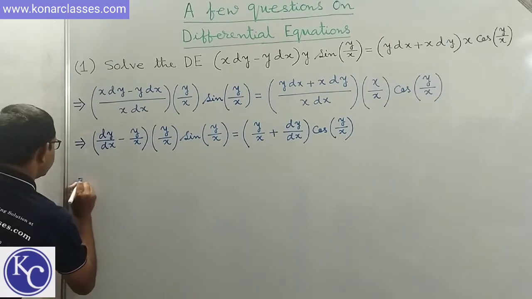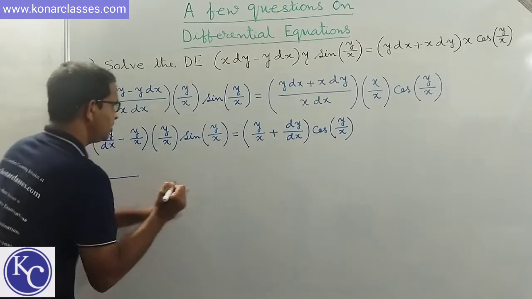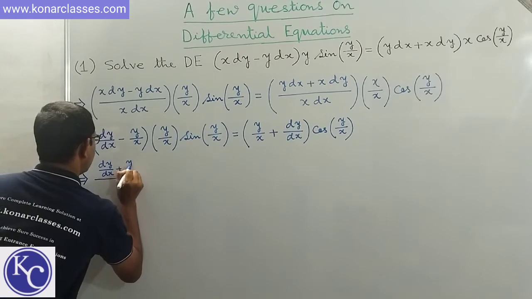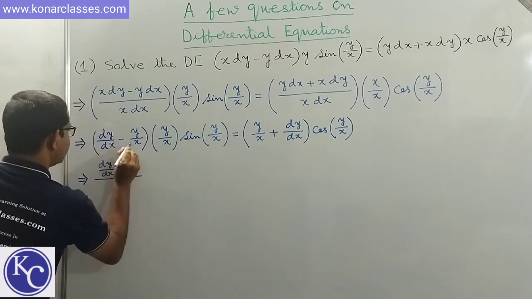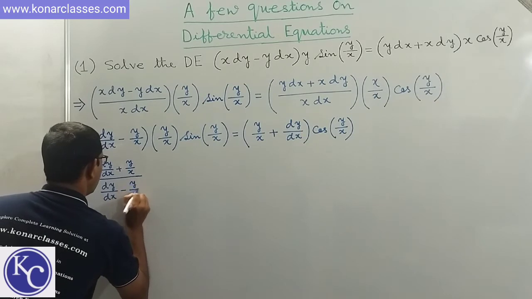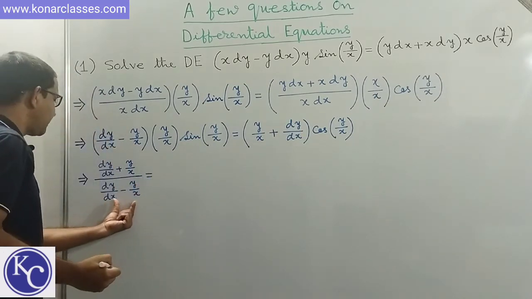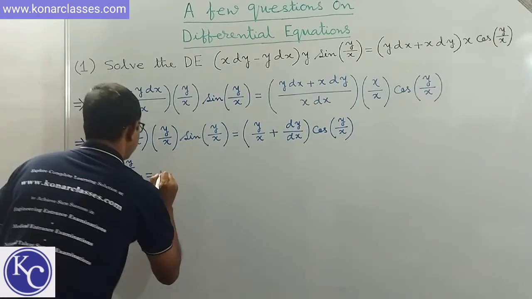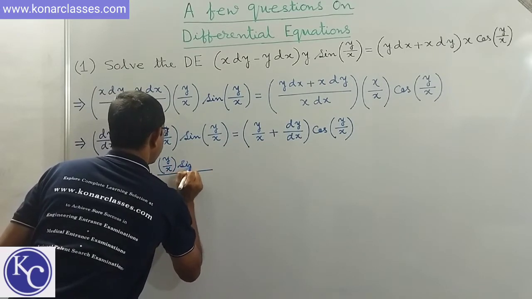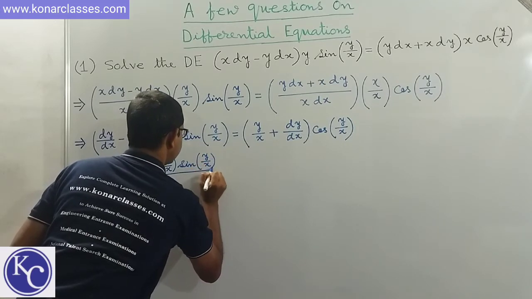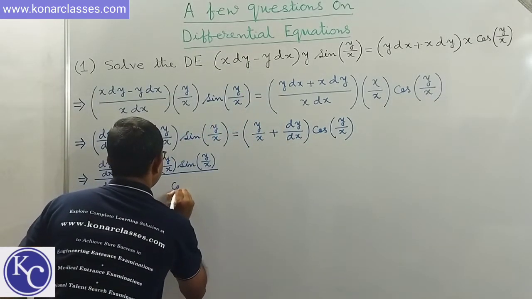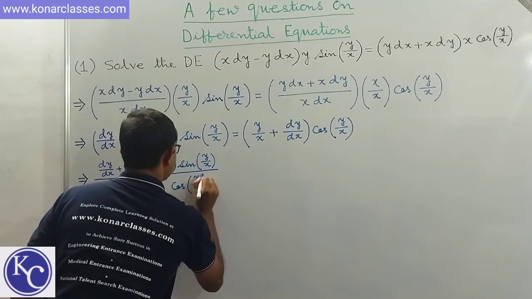From here we can write (dy/dx plus y by x) divided by (dy/dx minus y by x) is equal to y by x into sin(y/x) divided by (y by x into cos(y/x)).